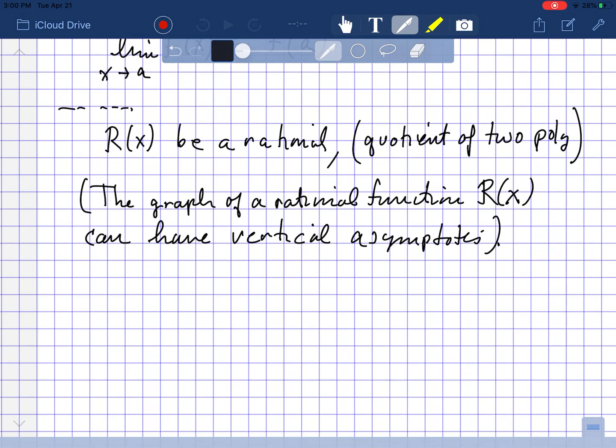And what we found was this, that these vertical asymptotes occur precisely at those values of x at which the denominator, the polynomial that makes up the denominator of r of x, vanishes. So if I have r of x, this is a quotient of two polynomials, p of x divided by q of x, and here p of x and q of x are polynomials.